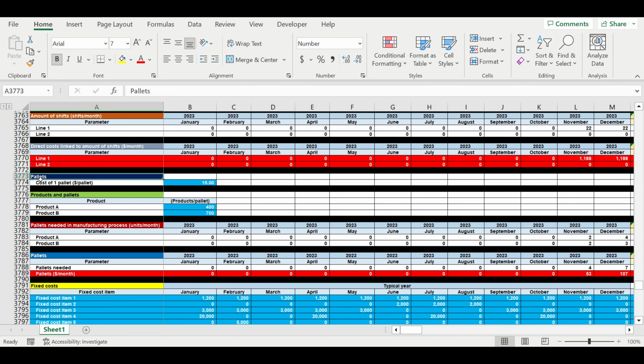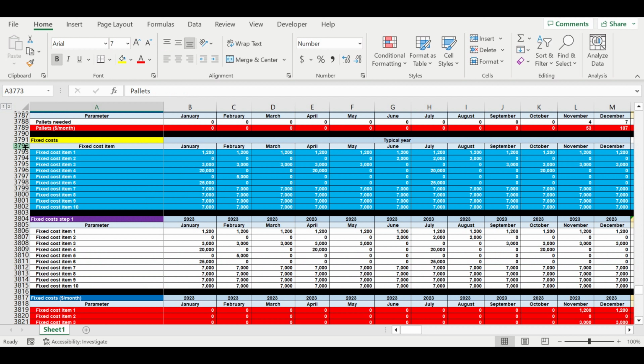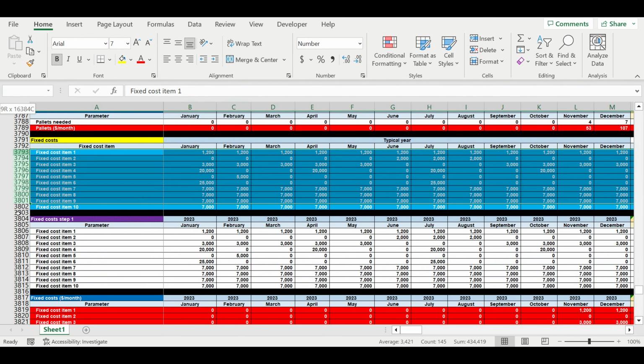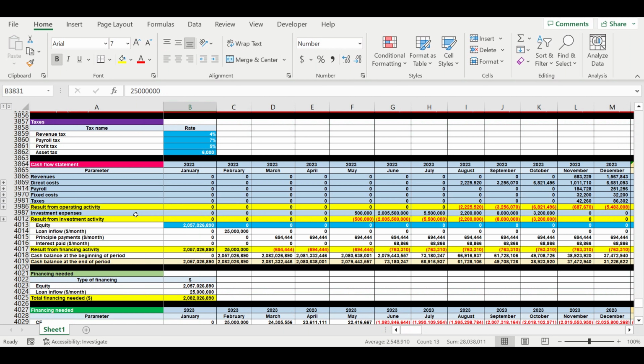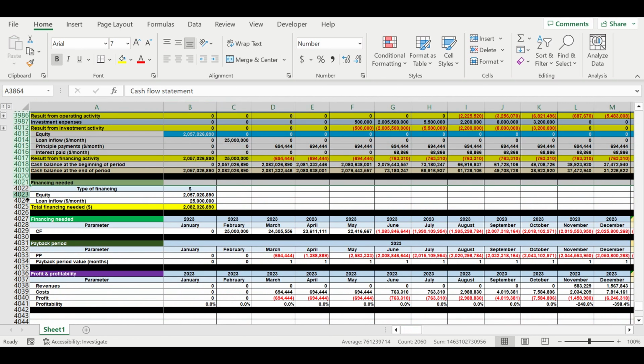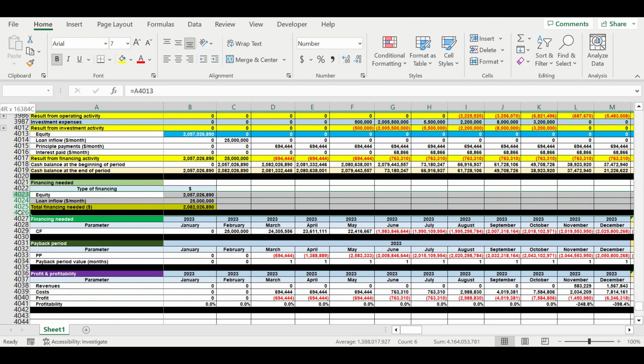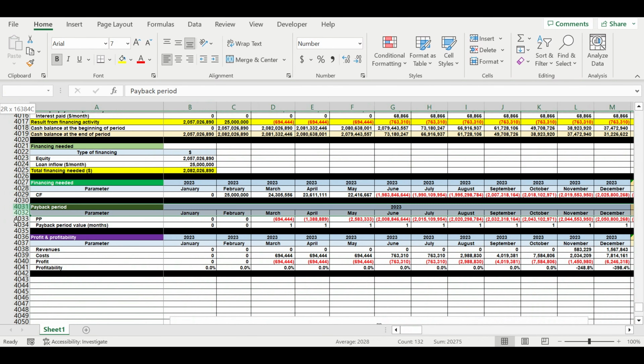Then we described fixed expenses. Then we were talking about the loan. Afterwards, we moved forward with cash flow statement, financing, calculation of financing needed for the business idea, payback period calculation, and profit and profitability table creation. And now we need to calculate the net present value and discounted payback period.